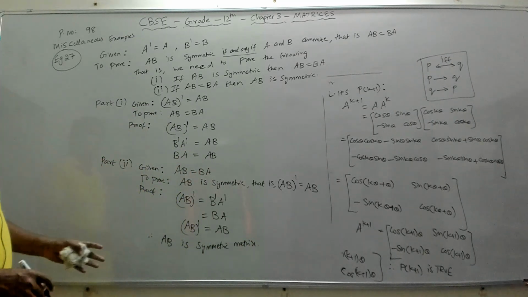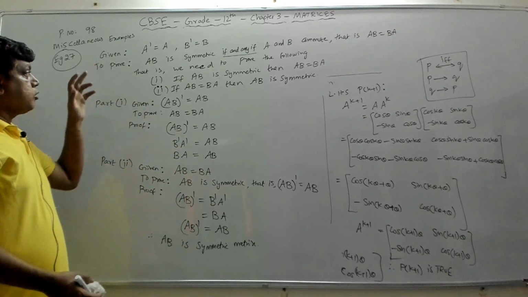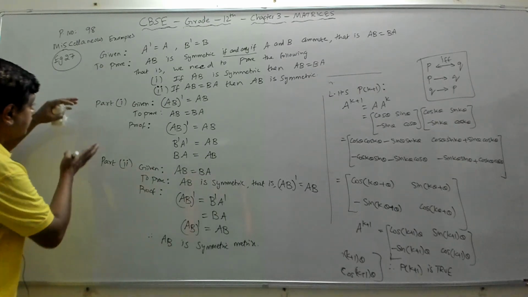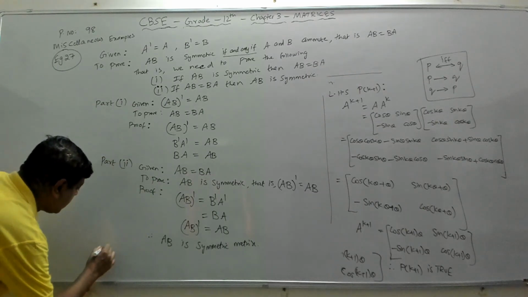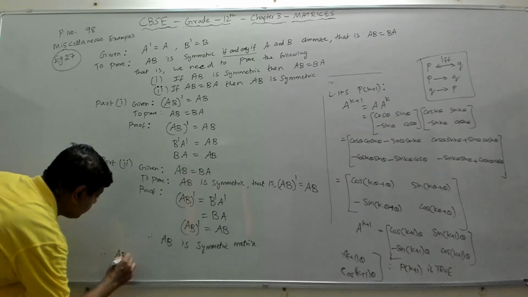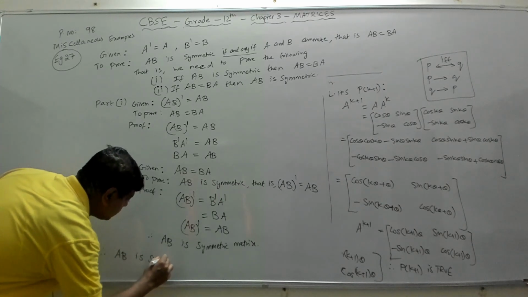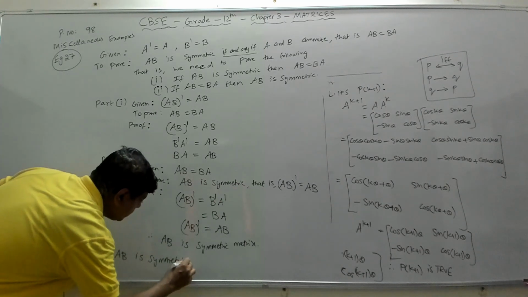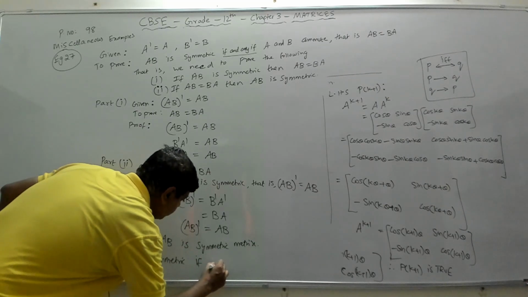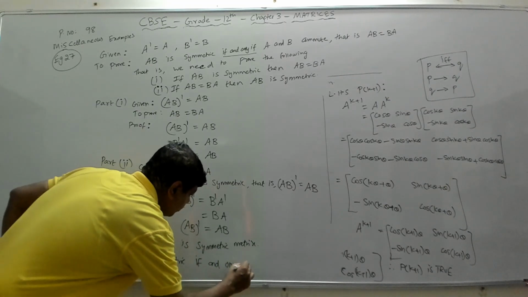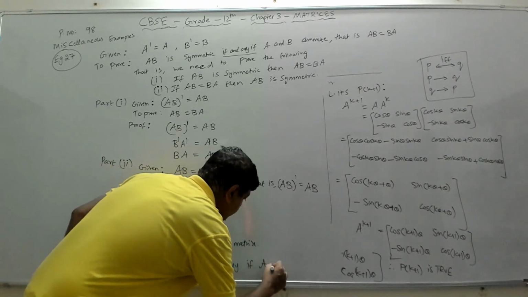So therefore, we have proved the second part also. So finally, we can conclude since we have proved part 1 and part 2, AB is symmetric if and only if A and B commute.